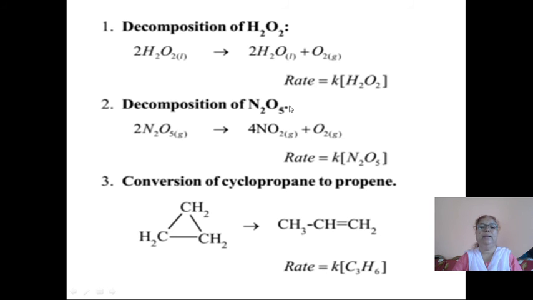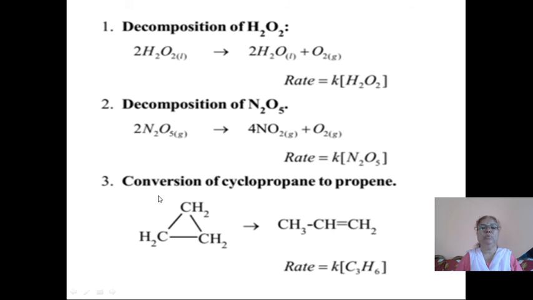Then another example, decomposition of N2O5. Here, after decomposition of N2O5, we get 4NO2 plus O2, and the rate of this reaction depends only on the concentration of N2O5.